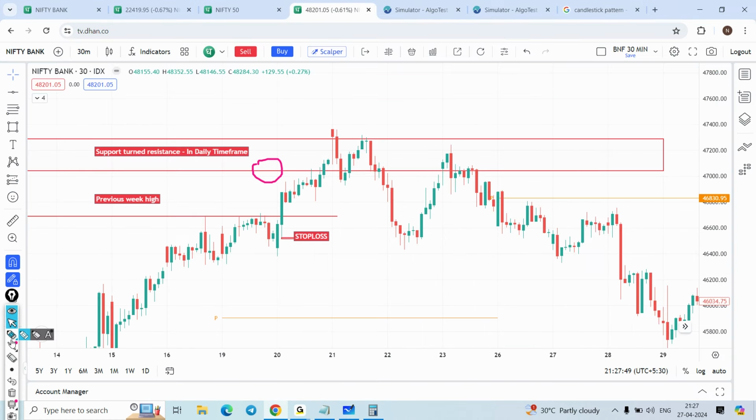Because the indication is coming here that price is rejecting, showing an indication of rejection. Now think about it.